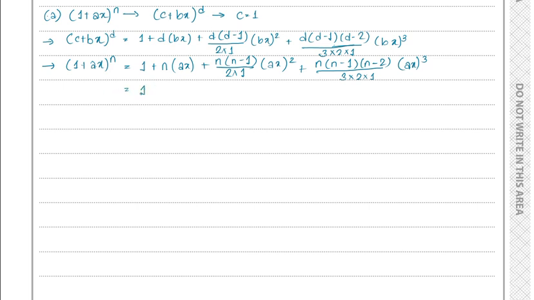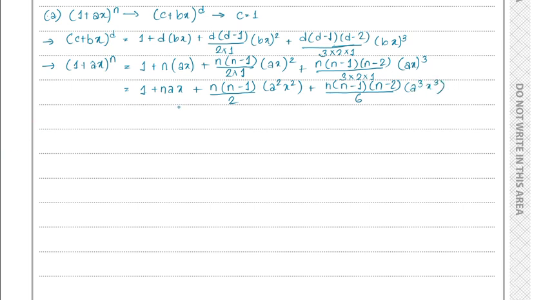So it will be 1 + nax + I will keep this in this form, n multiplied by (n - 1) divided by 2 multiplied by a squared x squared, plus n multiplied by (n - 1) multiplied by (n - 2) divided by 6, 3 multiplied by 2 is 6, a cubed x cubed.